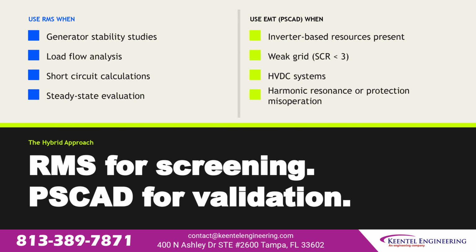Use EMT, specifically PSCAD, when inverter-based resources are present, the grid is weak with a short circuit ratio below 3, the project involves HVDC systems, or harmonic resonance and protection misoperation are a concern. And there is a hybrid approach that Keentel applies on most large studies: RMS for screening, PSCAD for validation. The RMS model identifies the critical cases. PSCAD provides the high-fidelity confirmation that regulators and interconnection agreements require.